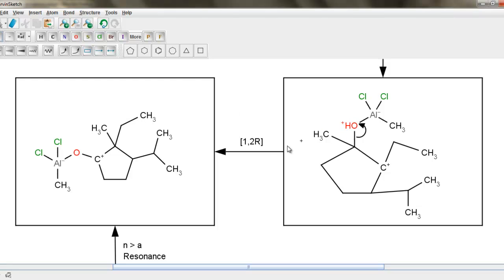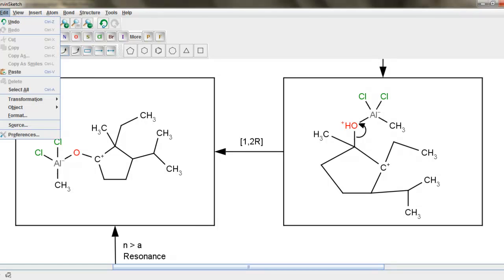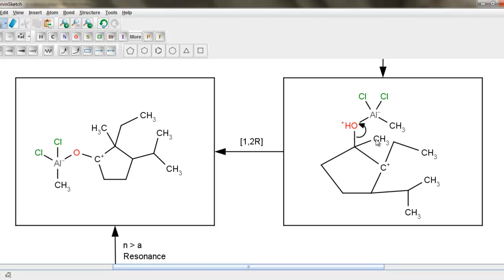Now, a 1,2 rearrangement usually involves a hydrogen, a hydride, moving over to a carbocation, or a methyl group moving over to a carbocation. So this is a really good spot to do our second one, and it gives us the product. So I'm going to move this here, move that guy down, and we use the electrons from our methyl, and that connects, and that should be it.